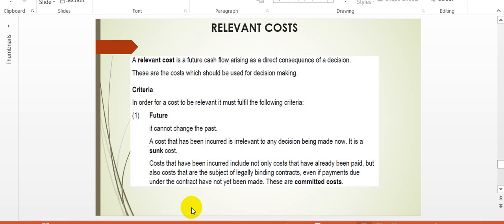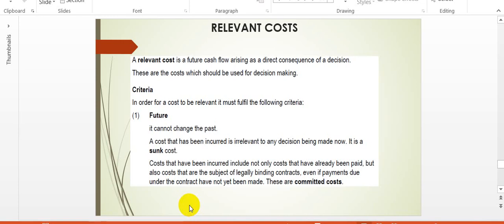Costs which have already been incurred are also known as sunk costs. A sunk cost is not a relevant cost. Some costs may not have been incurred, but they may have been committed because they are subject to legally binding contracts.